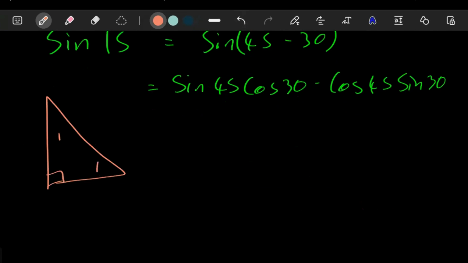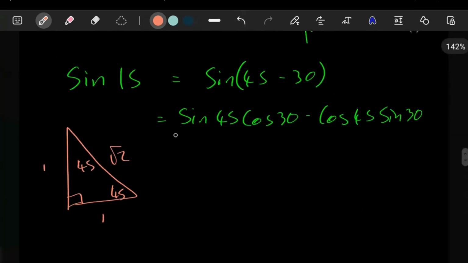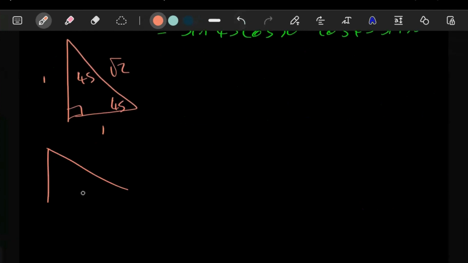And then from here we can just use our special triangles. The 45 triangle has sides 1, 1, square root of 2, and the other special triangle is the 30-60 triangle, with sides 1, 2, square root of 3.